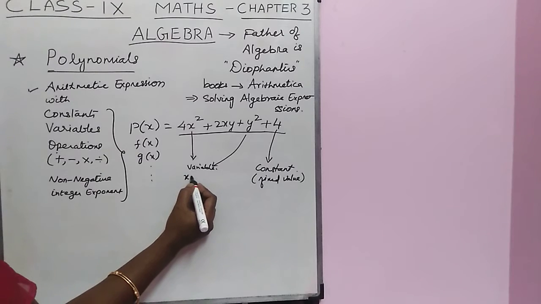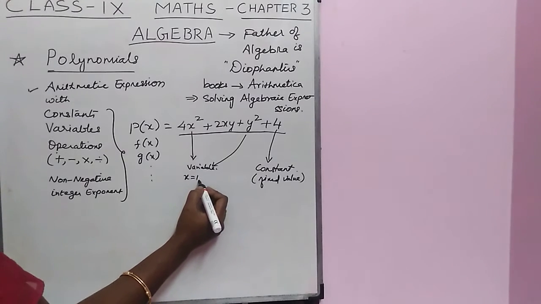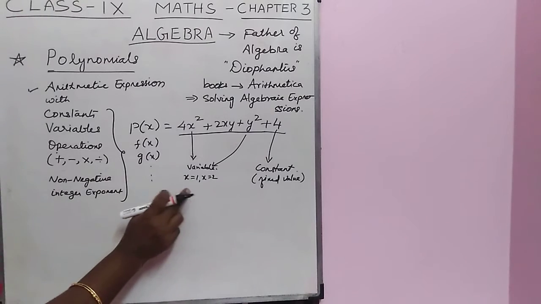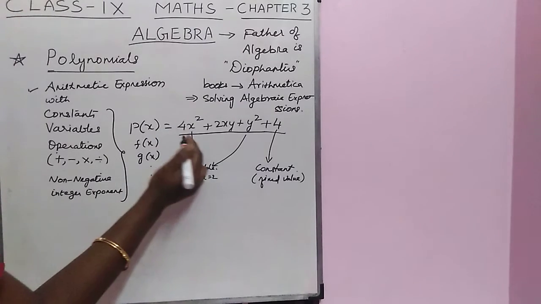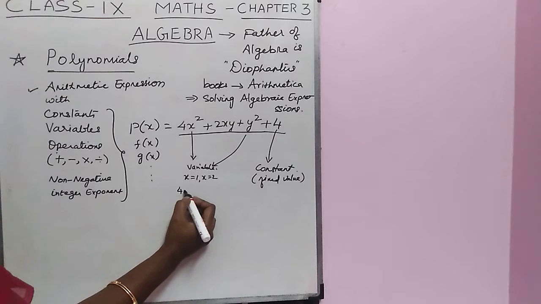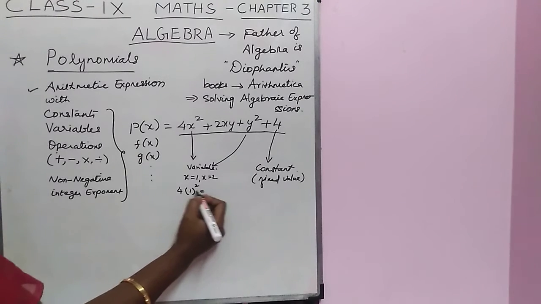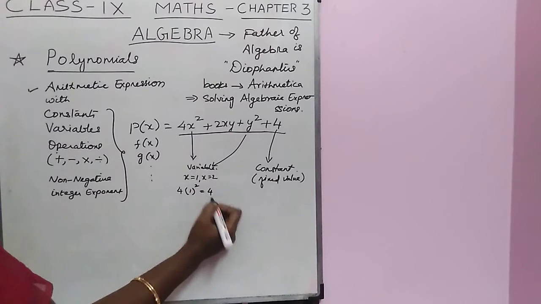For example, if you put x equal to 1 or x equal to 2, the value changes, hence it is called a variable. For example, 4x square: if you put 1 instead of x, the value will be 1 square, 4 into 1, which is 4.